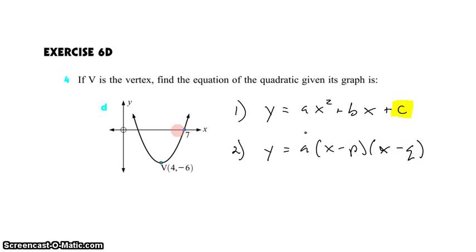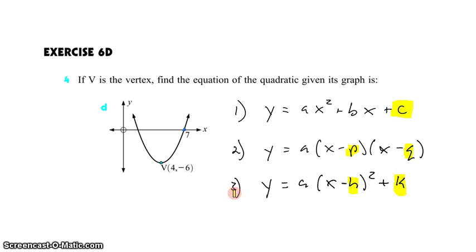P and Q would be the roots, and then lastly we have vertex form. And vertex form gives us the vertex, the x component and the y component of the vertex of the parabola.